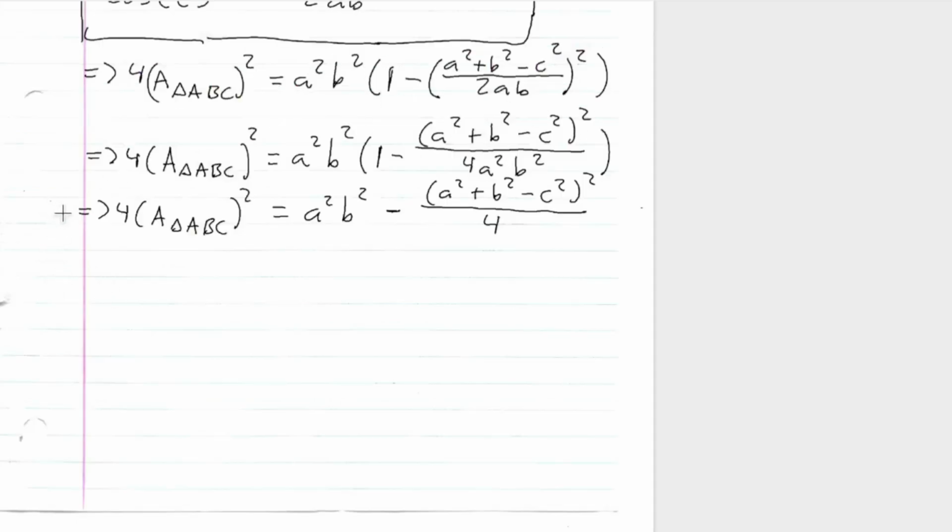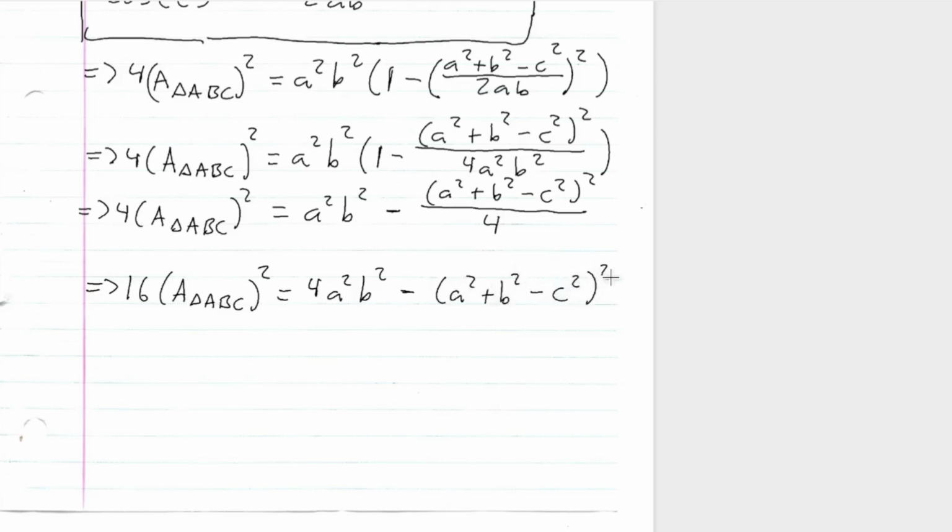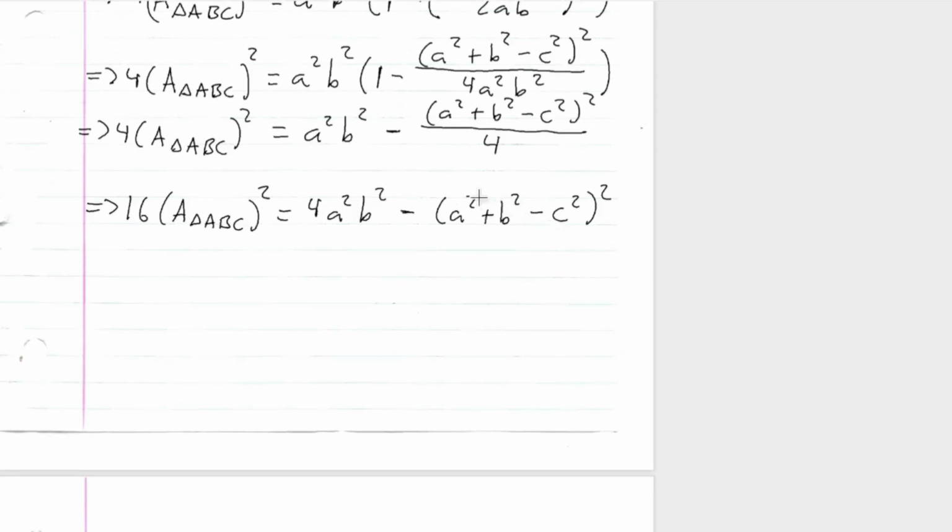So this implies 16 times the area of triangle ABC squared is equal to 4a squared b squared minus, and then of course 4 times this fraction would just leave us with the numerator, a squared plus b squared minus c squared squared. All right, so now I'm going to focus on the right-hand side.